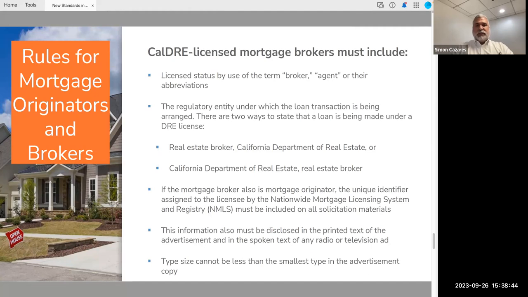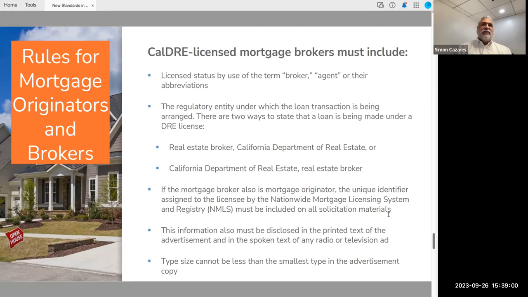If the mortgage broker is also a mortgage originator, then the unique identifier assigned to the license by the Nationwide Mortgage Licensing System, better known as the NMLS, must be included on solicitation material.